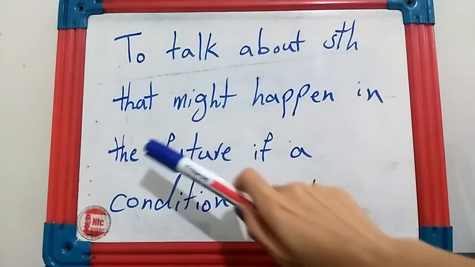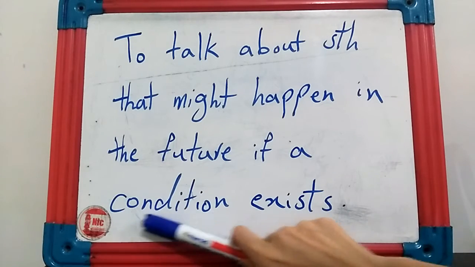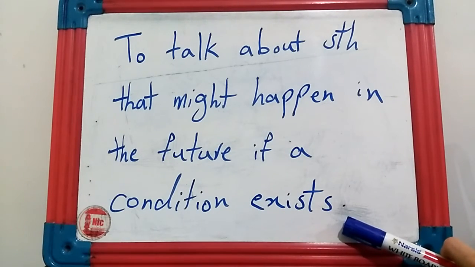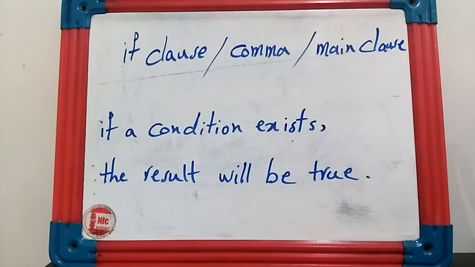Might happen in the future اگر if اون شرطه برقرار باشه، وجود داشته باشه. So, what is the structure of first conditional sentences?